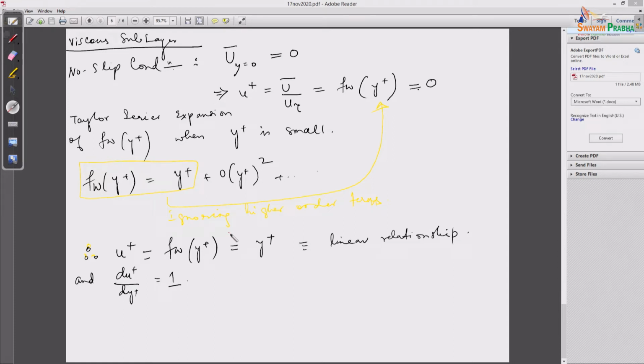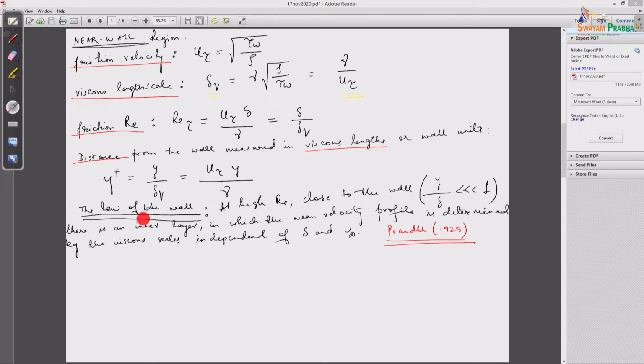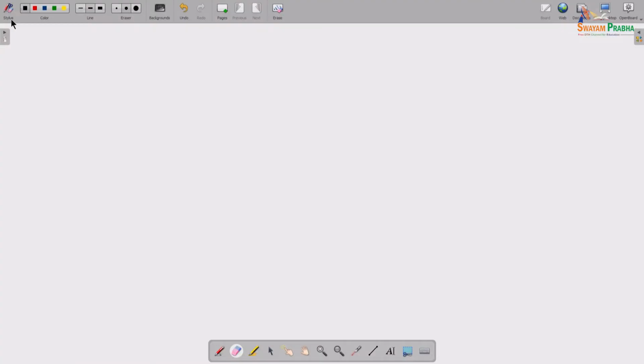We did this in the last class, and that's where we stopped. This is essentially the law of the wall. Now we will talk about the log law.